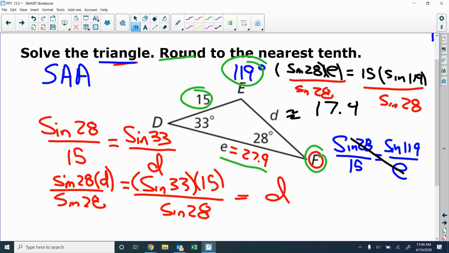So that tells me that I'm probably in good shape here. And there you have the law of sines. It's simple ratios. You're going to be cross multiplying, cross multiplying. Make sure your calculator's in degree mode. And I think you should be able to handle this all right. Law of sines.